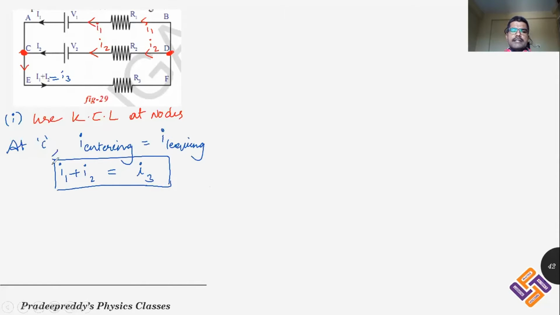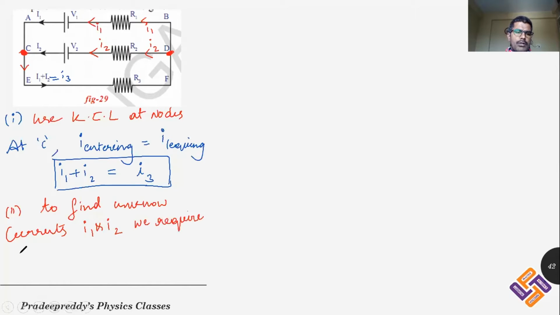Next, as there are two unknowns in the circuit, I1 and I2, we require two KVL equations to find the unknown currents I1 and I2.